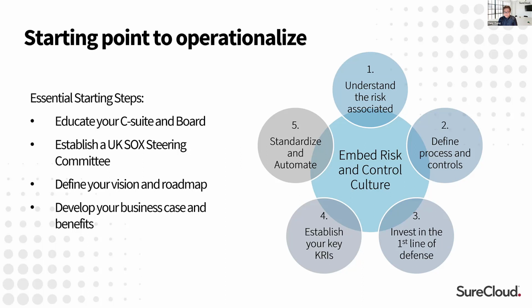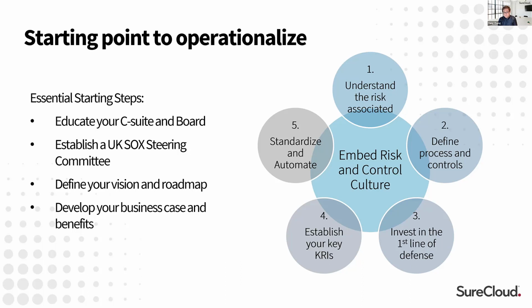So it's best that you create a steering committee where all parts of the business, or senior stakeholders in those parts, can contribute and agree to a vision and roadmap that benefits the entire company, and are able to pull out the evidence you need for SOX compliance in the most efficient way, right? And like I mentioned, because of the steering committee, the next step is to define your vision and roadmap, as well as develop your business case and the benefits you get from SOX.